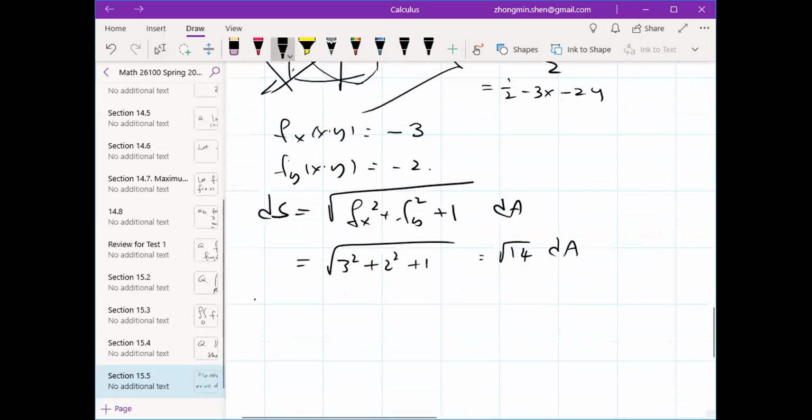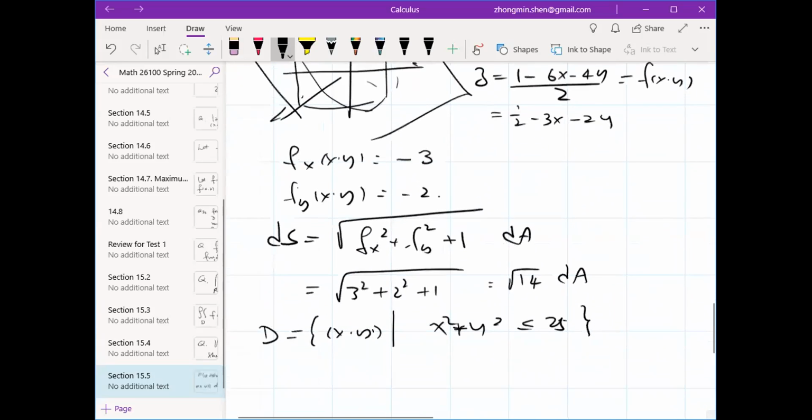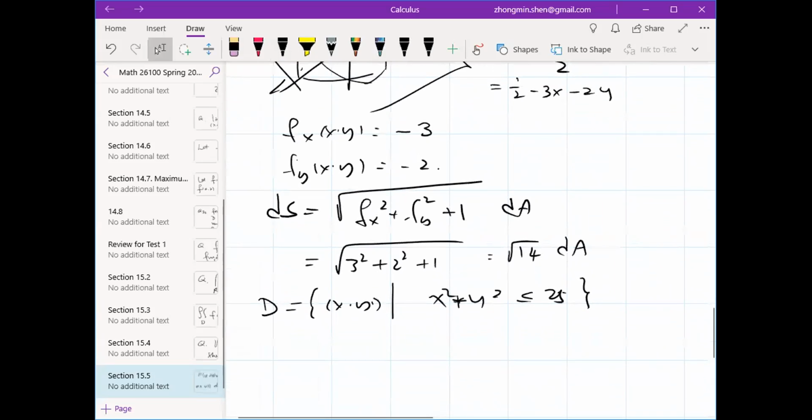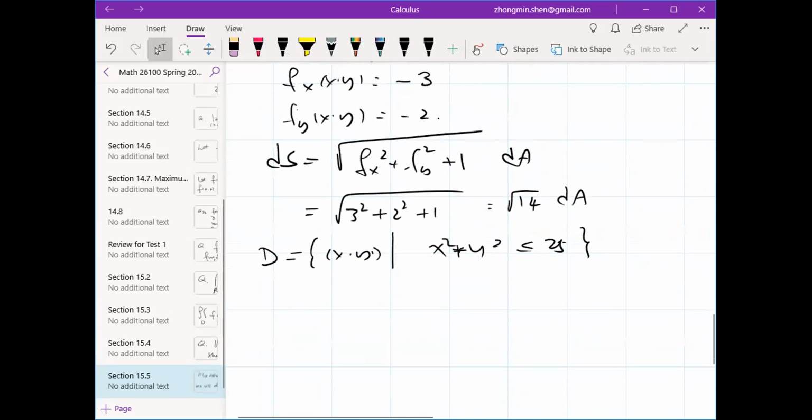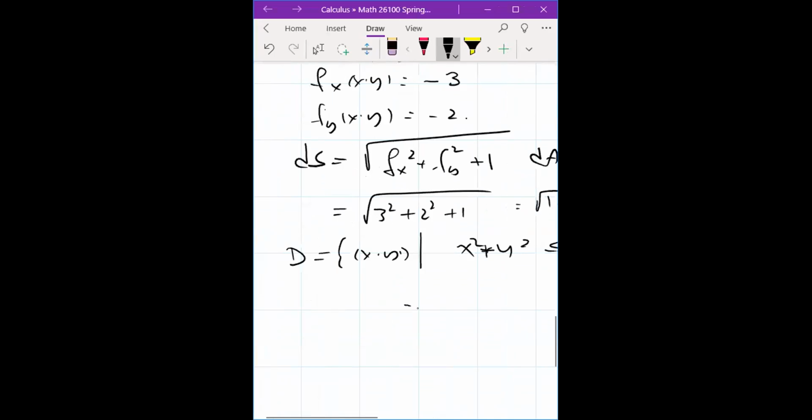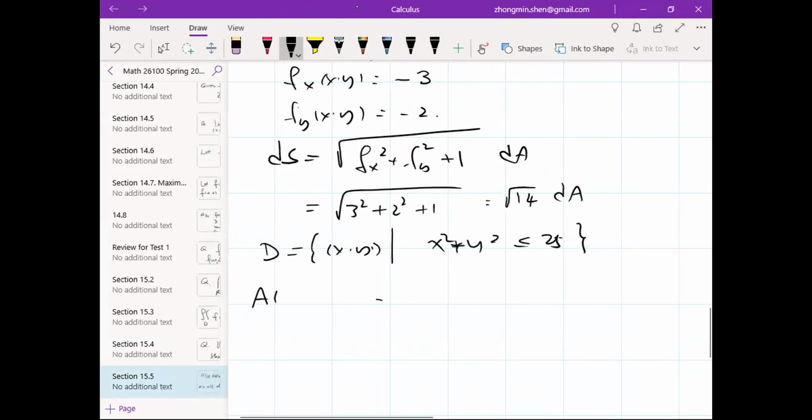Now, let's write down the domain D. The domain D is inside this disk. Because it's a cylinder, the surface lies inside the cylinder. The cylinder has a radius of 5, so that's the domain. So the area of the surface is going to be the double integral of square root of 14 dA.